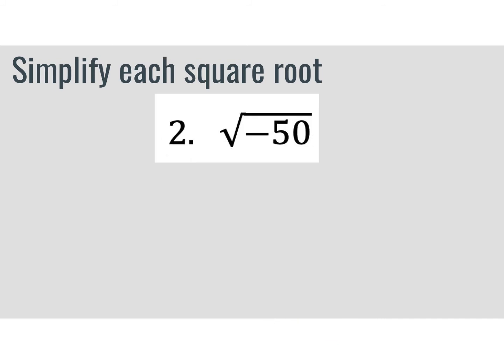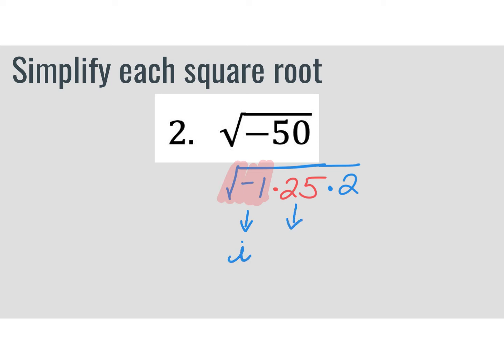Let's do another. Square root of negative 50. Well, I could break this into negative 1, and then I think about my perfect squares that go into this. That would be 25 times 2. So that radicand is still negative 50, and I can simplify each of these. So the square root of negative 1 would be i.